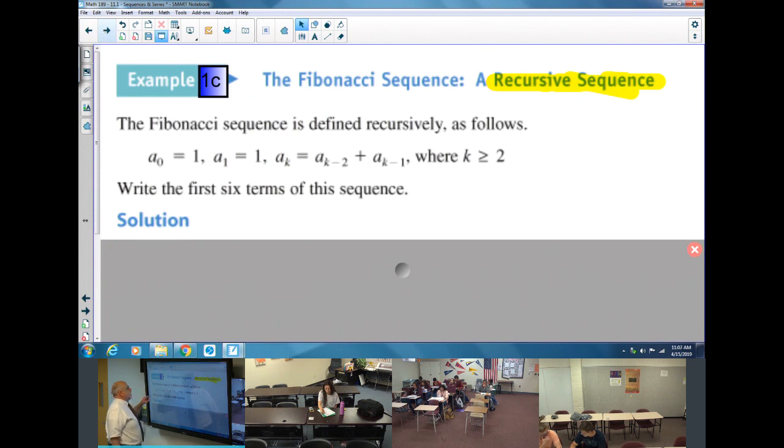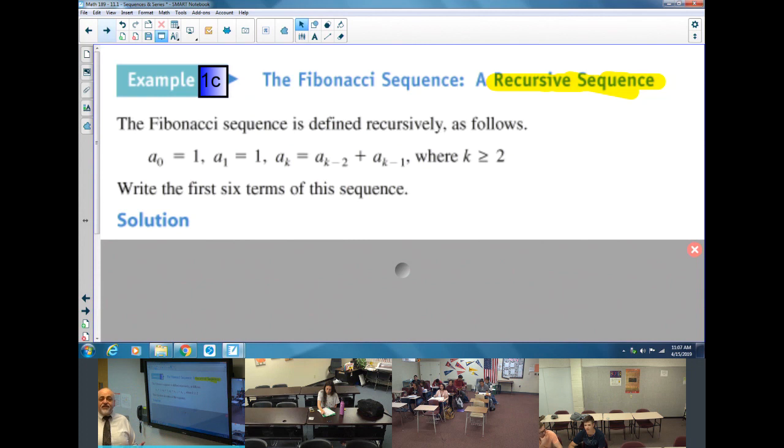Now, the most famous of all the recursive sequences is what's called the Fibonacci sequence. Have any of you ever heard of the Fibonacci sequence? Raise your hand if you've heard of it. Okay.